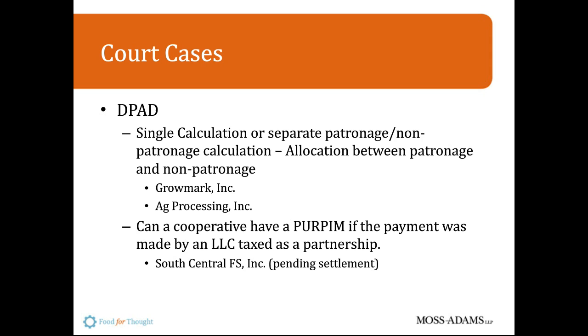The IRS has taken the position that Farm Service limits a co-op's ability to do that allocation and to take what would otherwise be, in their mind, a patronage deduction and allocate it towards non-patronage.